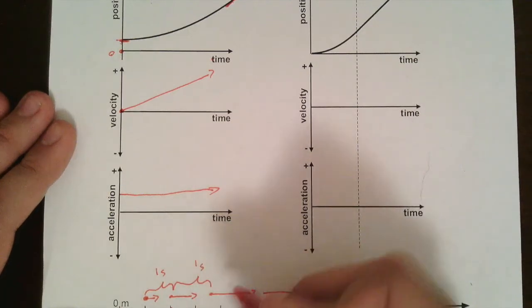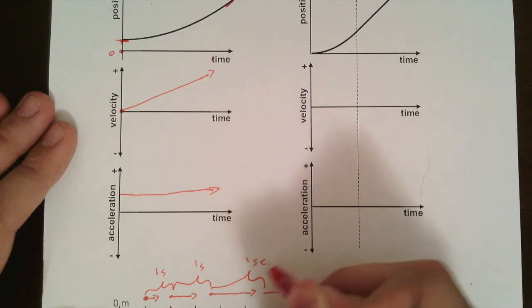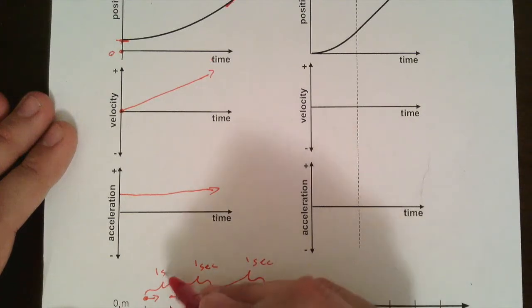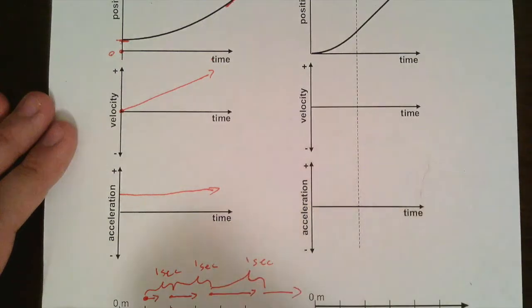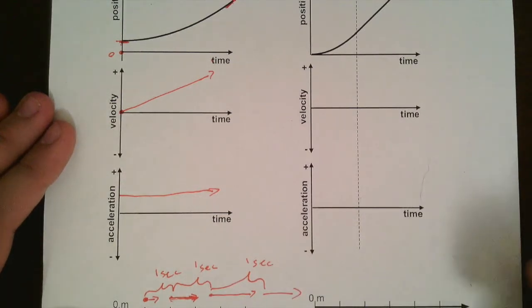So the distance between the dots is 1 second, but where they're at on the tick marks is position. The longer arrow means that you travel a farther distance in the same amount of time. So that means you have a faster velocity. The length of the arrow corresponds to your velocity.